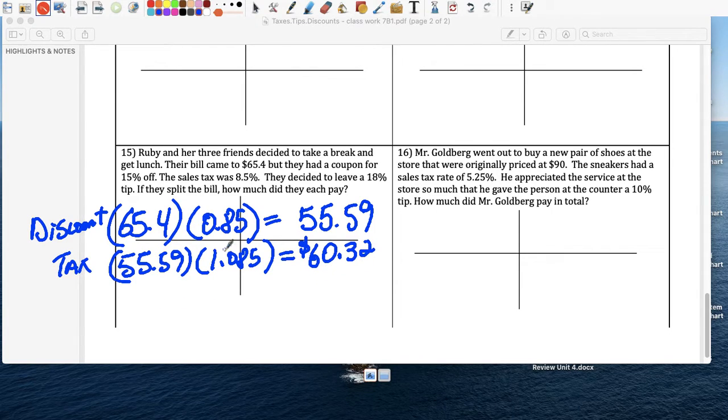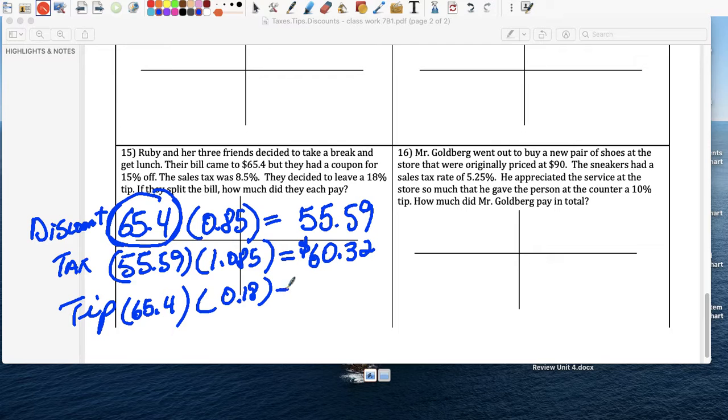Now we have to calculate the tip. So the tip is going to be, what's 18% we're leaving to the waiter, so it's 0.18. So what are we taking 18% of? We're taking 18% of the original food bill of the $65.